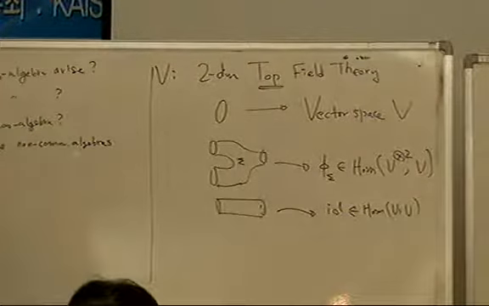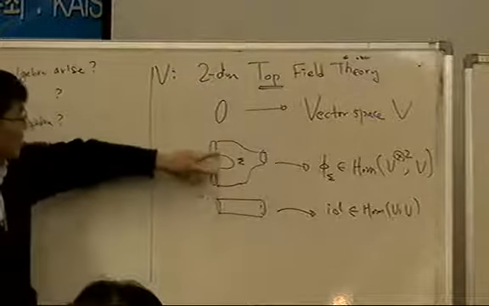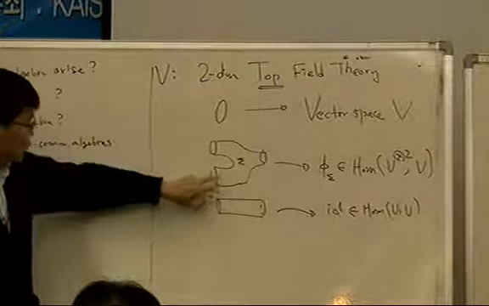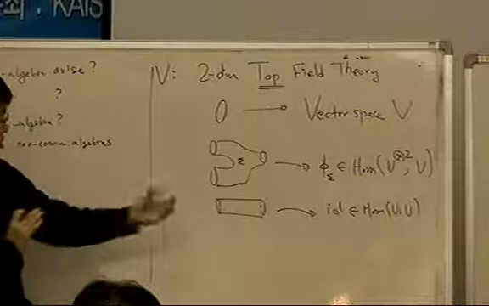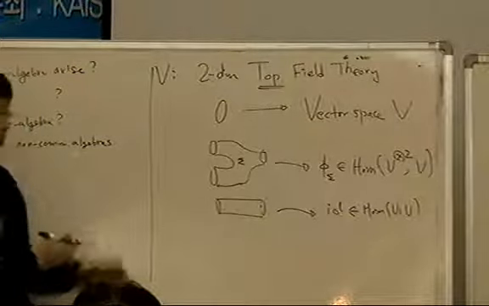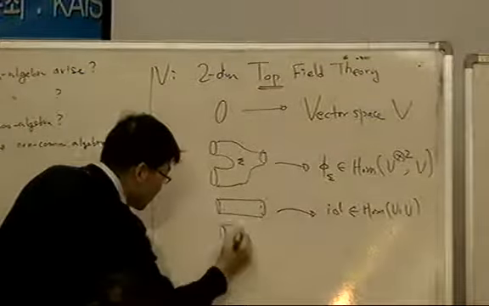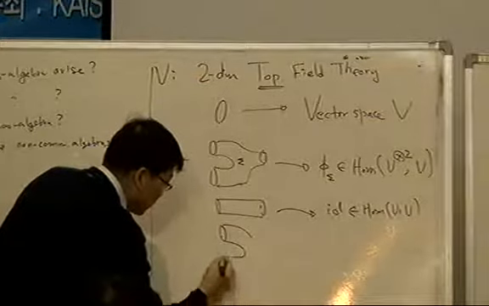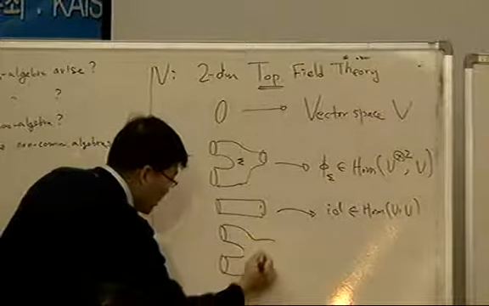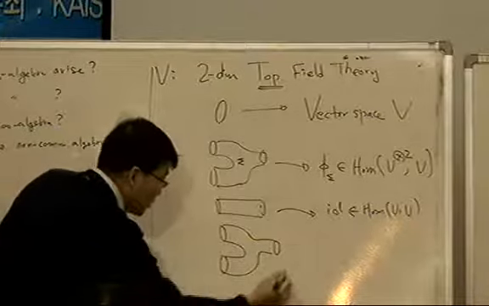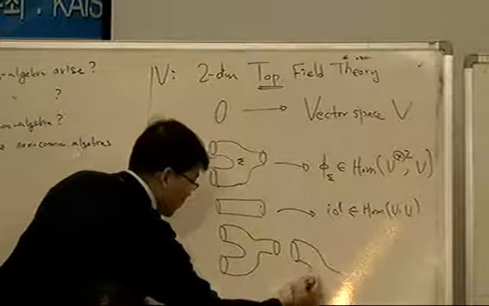And the last and most important thing is that if you are given several of these surfaces, you can glue them. Suppose you have one surface, and you have another.